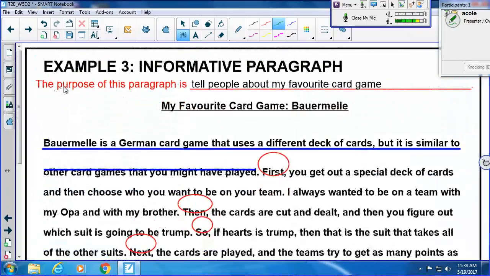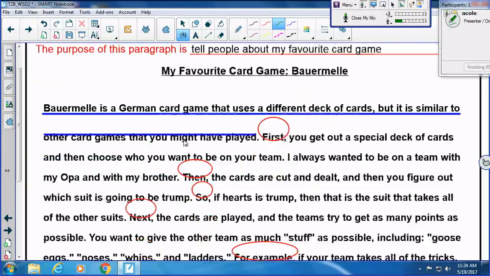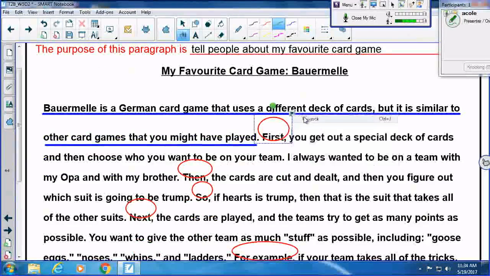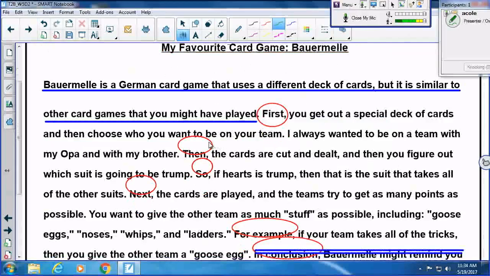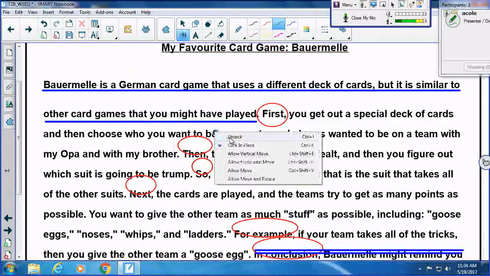So the purpose of this paragraph is to tell people about my favorite card game. All right. And so probably an easy way to remember what an informative paragraph is all about is to say, well, it kind of goes through the steps for things almost.